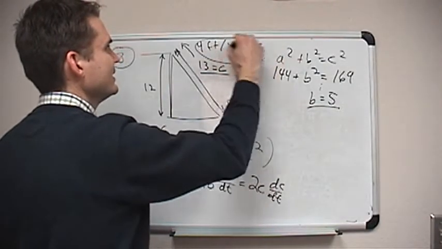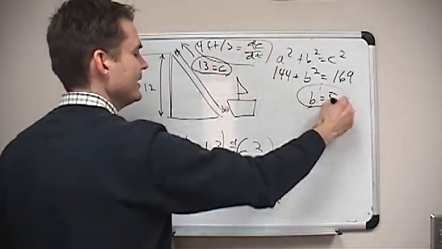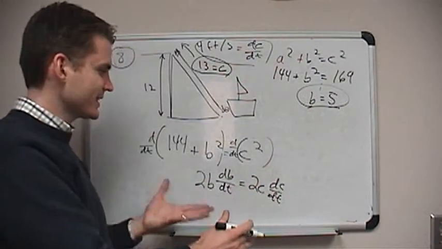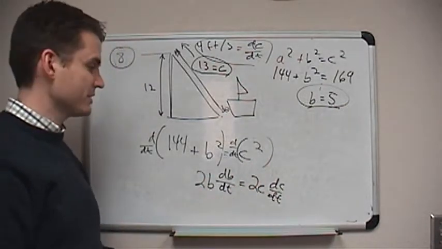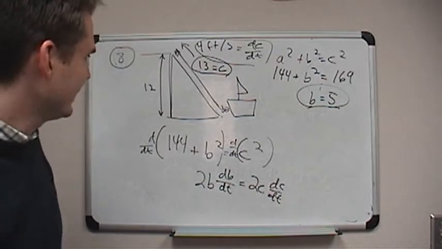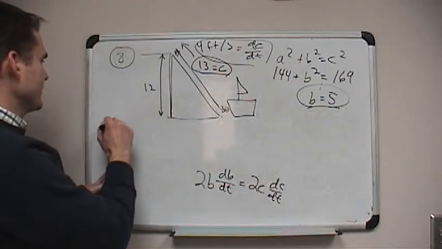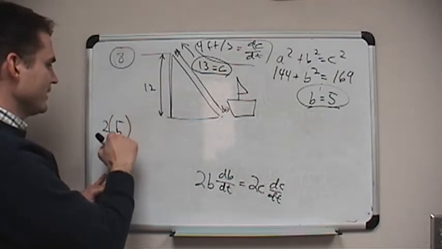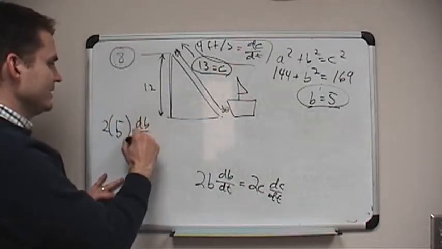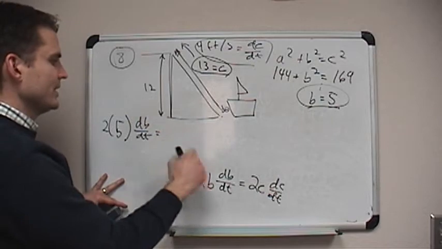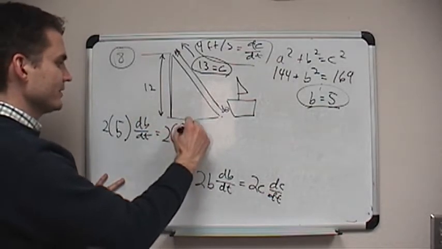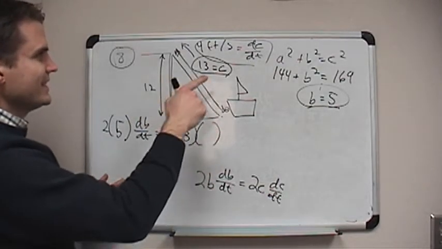dc/dt, c, and b. We can plug all of those things into this equation and solve for that rate of change we're looking for. Let's go ahead and do that here. So 2 times b, so 2 times 5, times dB/dt is equal to 2 times c, 13, times dc/dt.